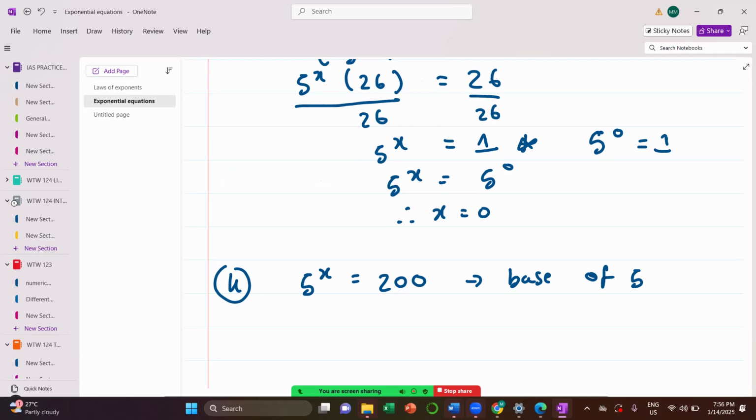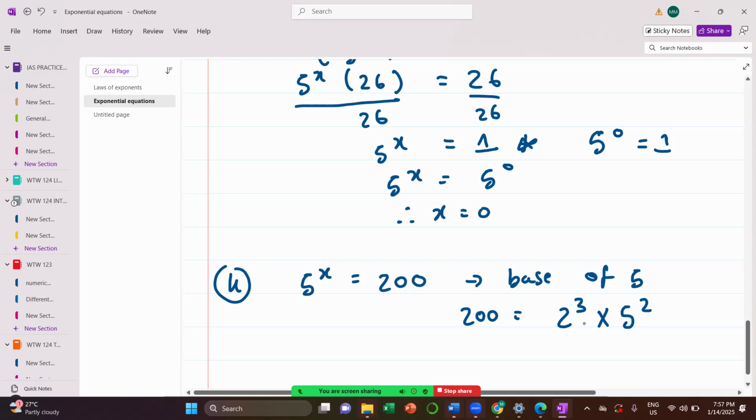So I'm gonna say 200 is equal to, using prime factors, 2 to the exponent of 3 multiplied by 5 to the exponent of 2.